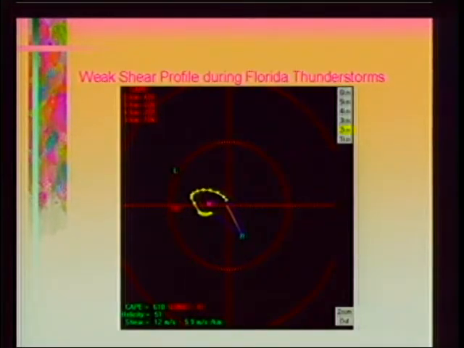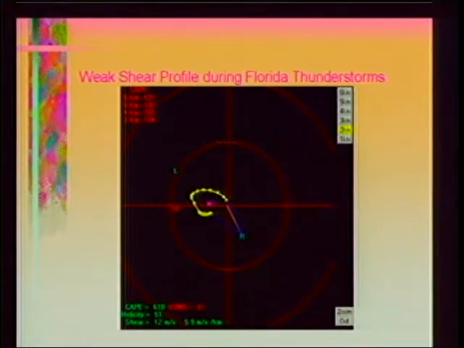I picked situations where I saw thunderstorms developing, whether they be air mass thunderstorms or multicells or supercells, and then saved a hodograph according to what the model prediction was around the time that the convection occurred.